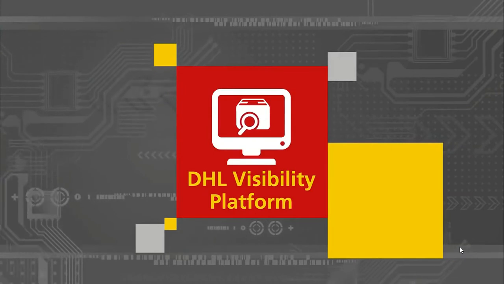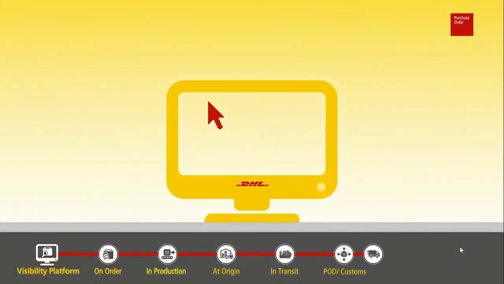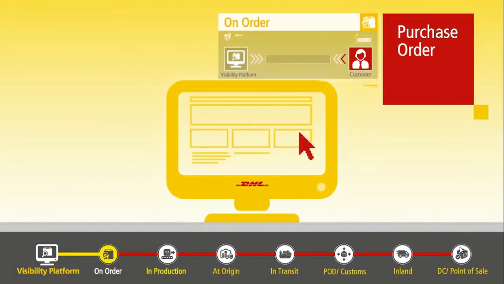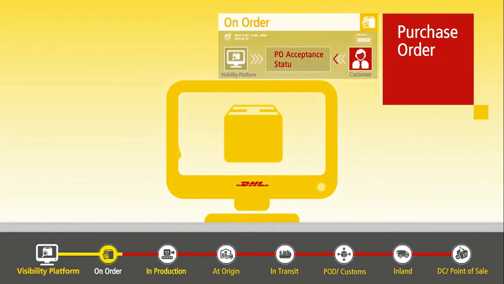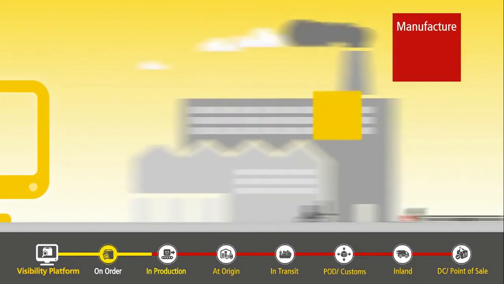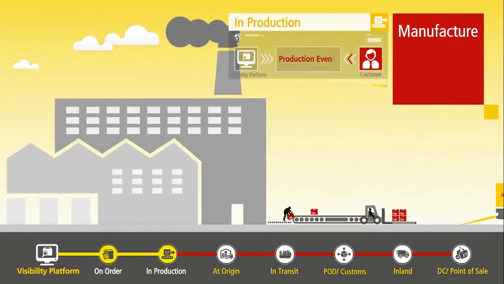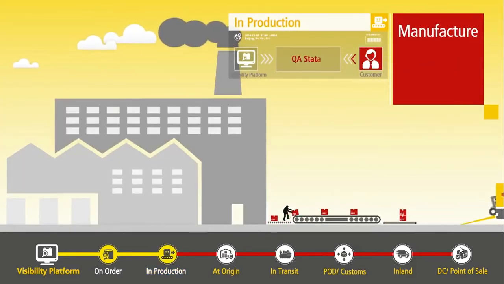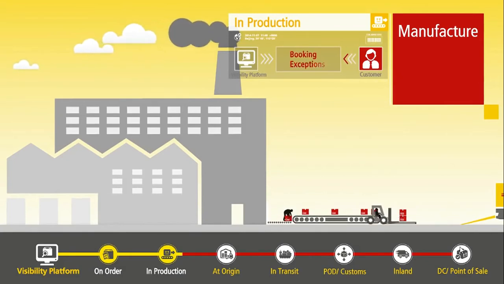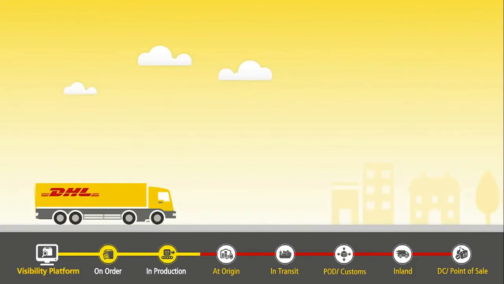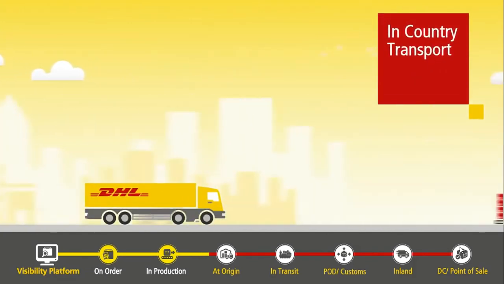This fully integrated system allows customers to have real-time information for all international shipments across the globe. The systemic platform is supported by a specialist trained team, providing dynamic cost and lead time optimization, performance KPI reporting, and ongoing recommendations, proactively reacting to changes in the supply chain.